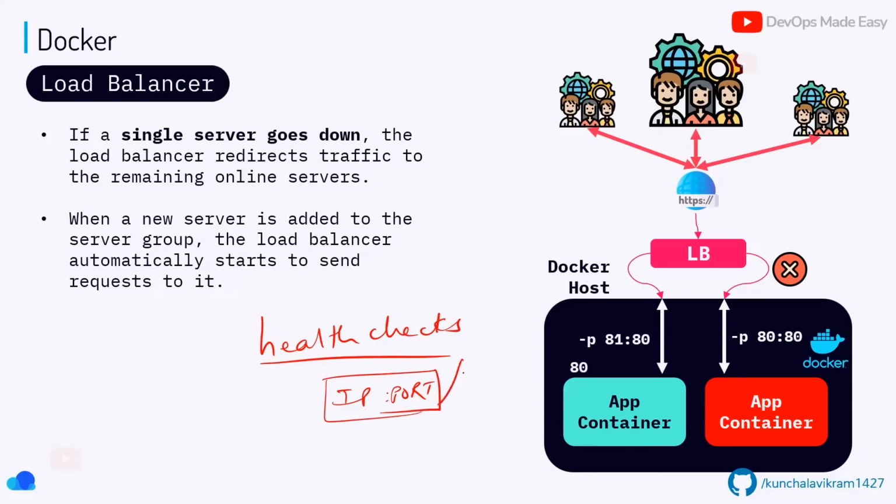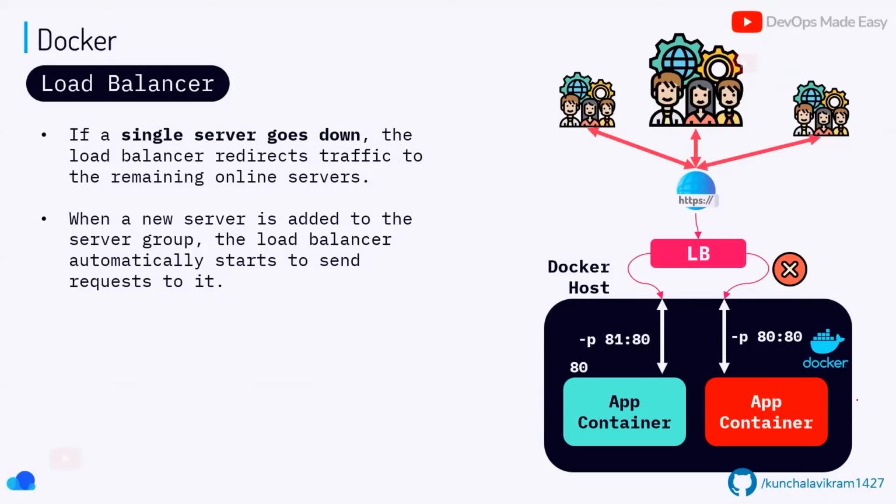Or if the server has some endpoint like /health, sometimes you will see /status or /health, something like this. It will try to reach that endpoint. So let's say it will simply do curl or probably ping, to see whether it is able to reach that instance or not.